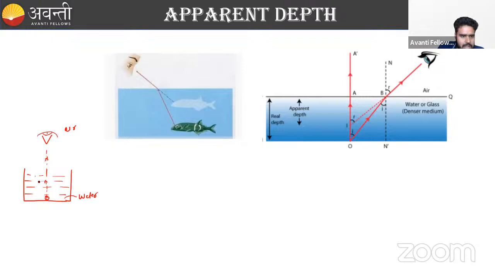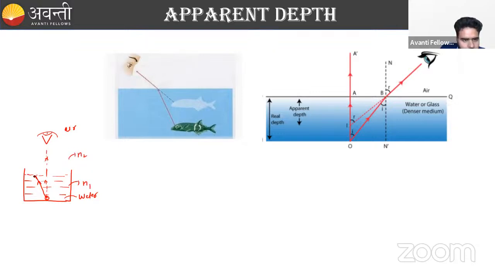But suppose this is another ray that strikes this surface. We can say this is the boundary surface for the two media, and this medium is water. Say this medium is N1 and this medium is N2.